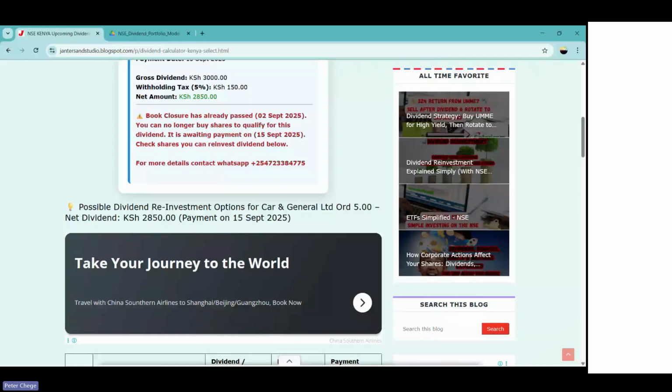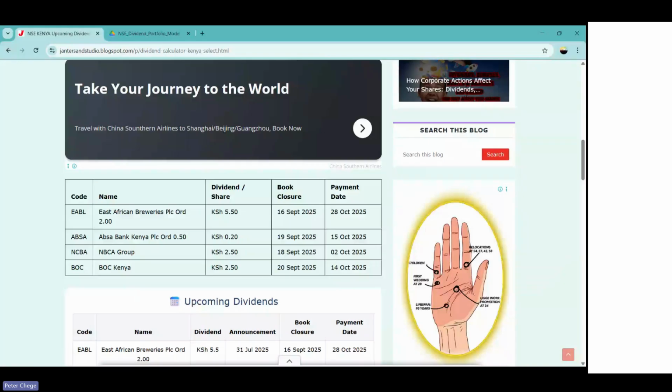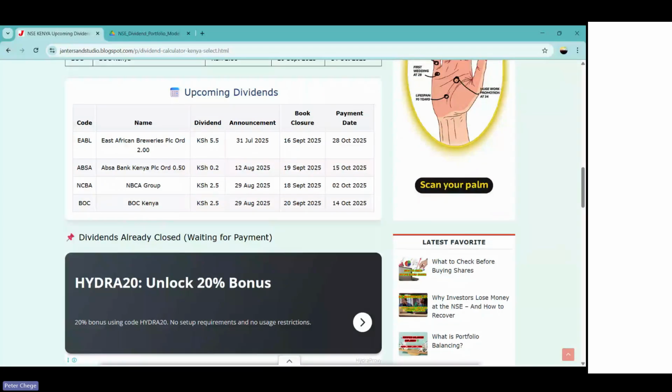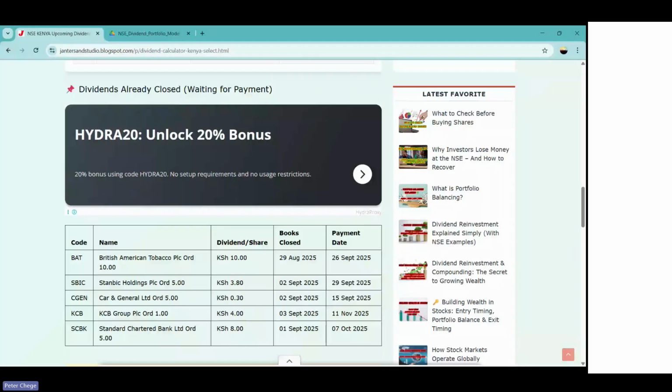Down there you have the active dividends, sorry, not IPOs, dividends. With the name, dividend amount, the date the announcement was made, book closure, the date you need to have shares, and the payment day. Those which are awaiting payment, if you already have shares in these, you already know when you'll be paid.